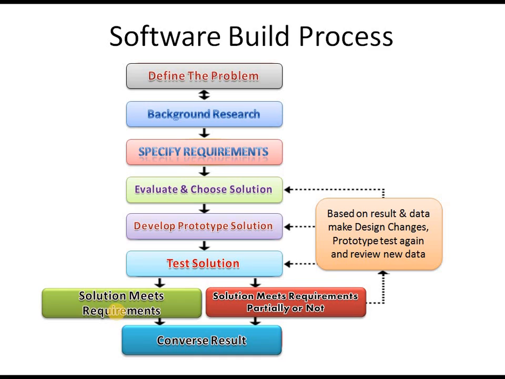Then evaluate and choose a solution. There are always many good possibilities for solving a design problem. If you focus on just one before looking at the alternatives, it is almost certain that you are overlooking a better solution.